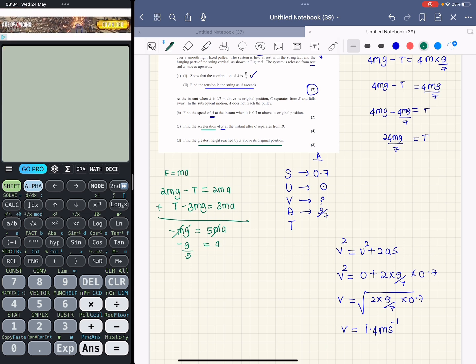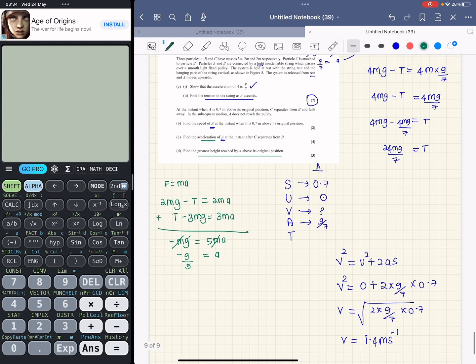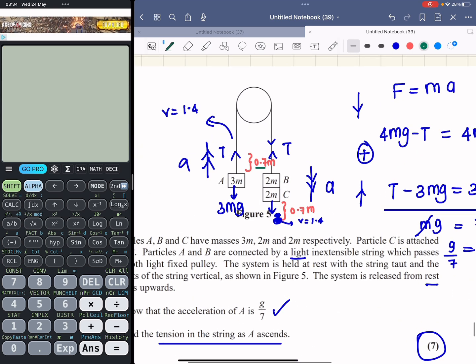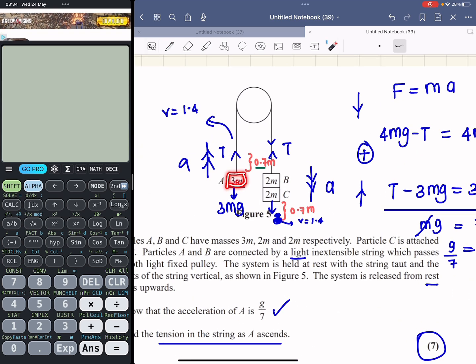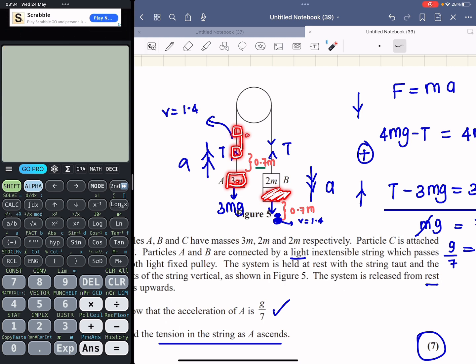They're asking for the greatest height reached by A above its original position. If you imagine this object started from here, went here, this detaches, and it doesn't stop there, it keeps going up. We know this distance is 0.7. But what's the additional distance that it's going to travel?